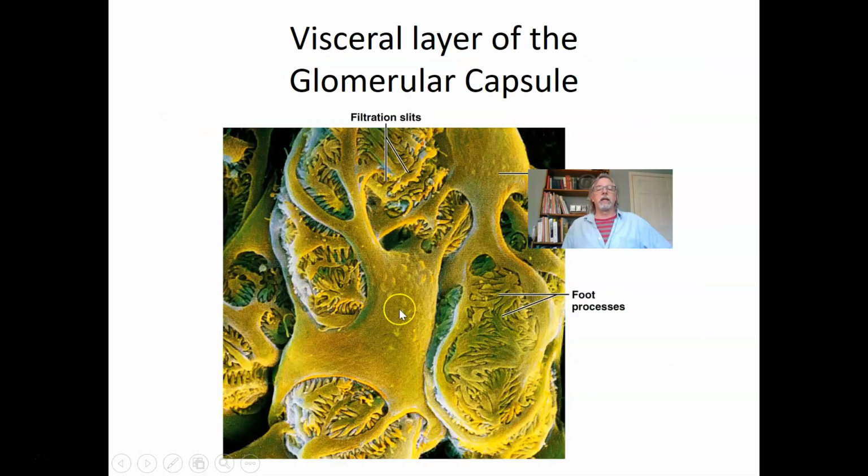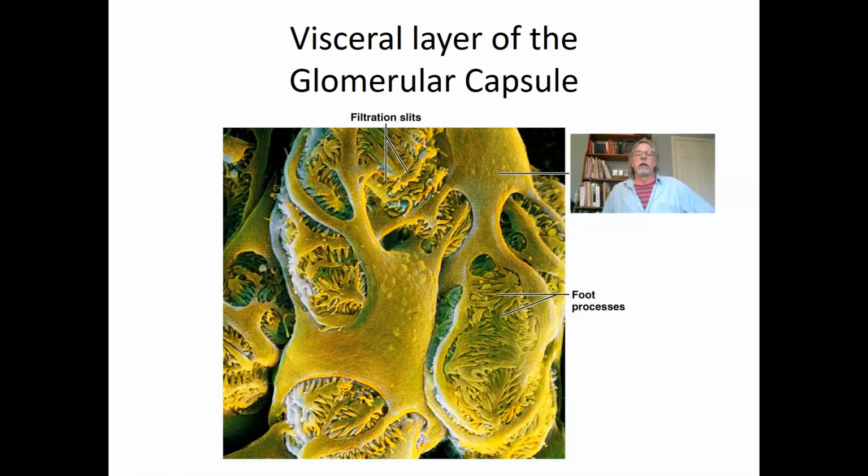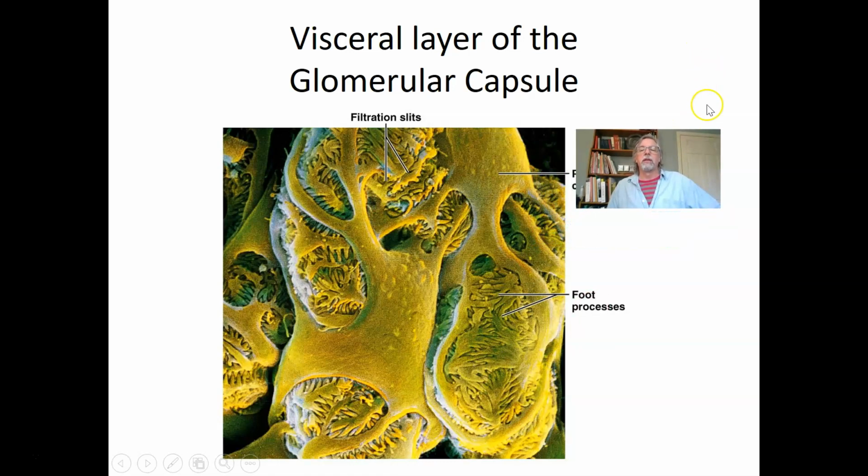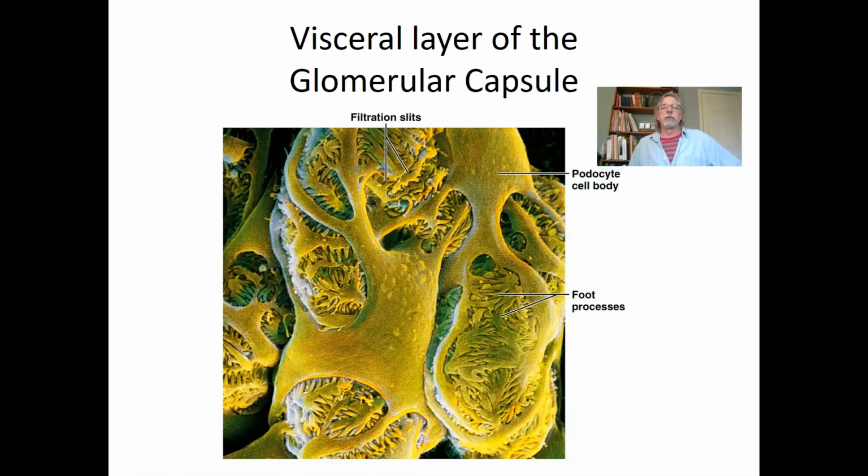Okay, this is an electron micrograph just showing the visceral layer of the glomerular capsule, or Bowman's capsule. The perspective here would be as if we were inside the capsular space, looking back at the visceral membrane of the Bowman's capsule. Here is the cell body of the cells.